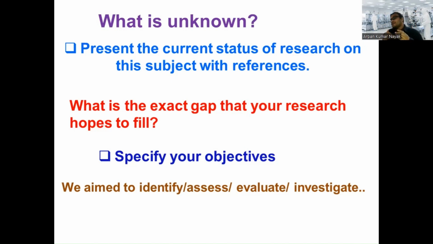Then you know the gap, what should be achieved now, but what we have achieved yet. So just mention the gap, then you write your objectives. Your objective should fill that gap which was not done previously. So that's all about this introduction.